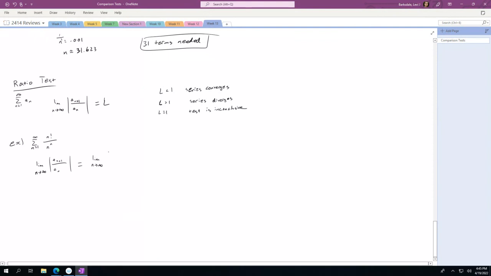So a sub n plus 1 would be n plus 1 factorial divided by n plus 1 to the n plus 1, all over n factorial over n to the n. Again, I'm going to rewrite dividing by a fraction as multiplying by the reciprocal. So now I have n plus 1 factorial divided by n plus 1 to the n plus 1 times n to the nth over n factorial.